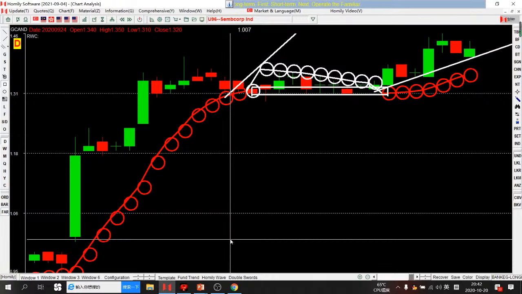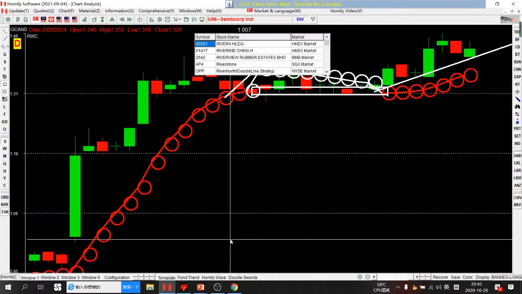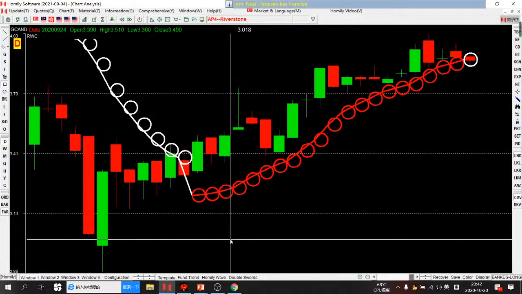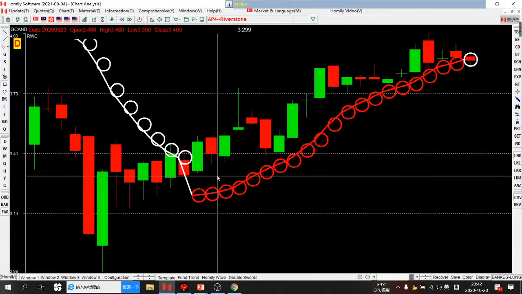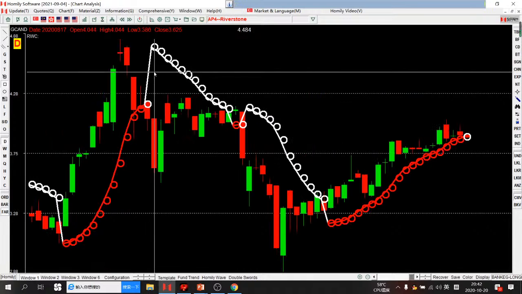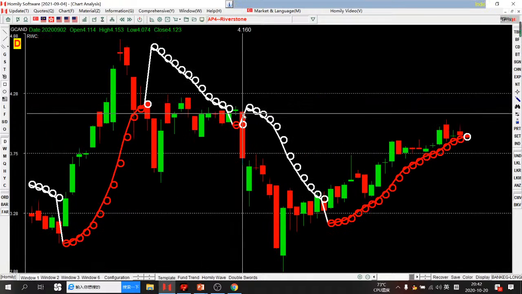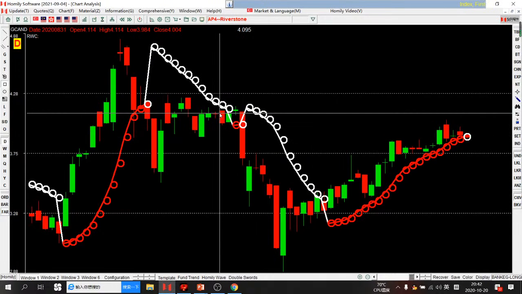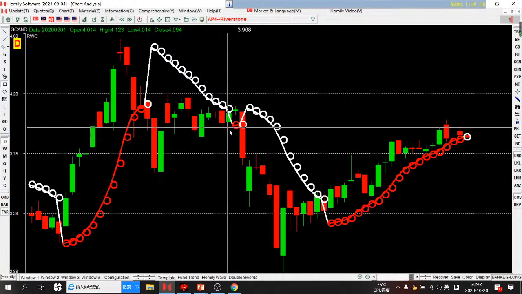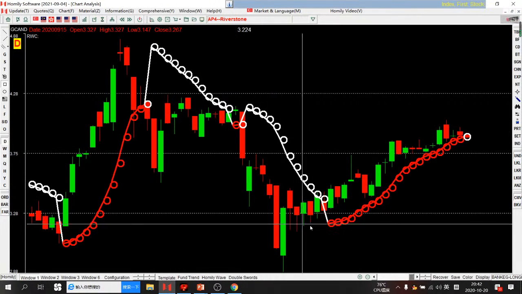All right. So the first one is Riverstone. Riverstone is a Singapore share. Okay. You see the red and white circle in fact gives us very good direction. Let's say if it is a white circle, then the share will become very volatile, even move downward, right?